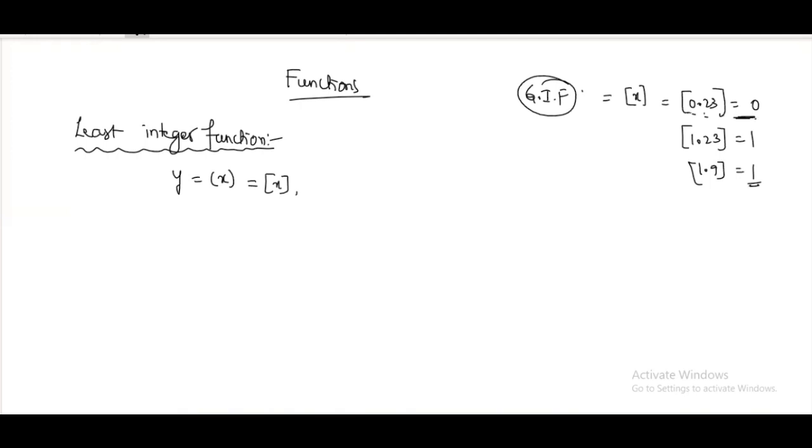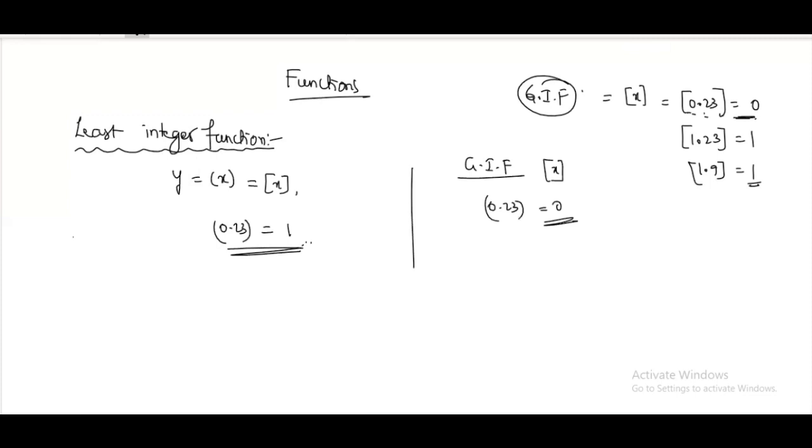In the least integer function, 0.23 will give 1. So I'm comparing: the greatest integer function is denoted with the box of x. When I substitute 0.23 here, I'll get 0. When I substitute 0.23 in the least integer function, I'll get 1. So this is the difference between these two.